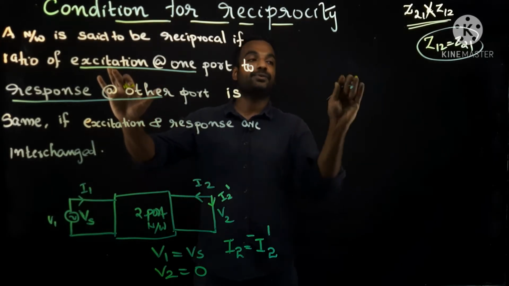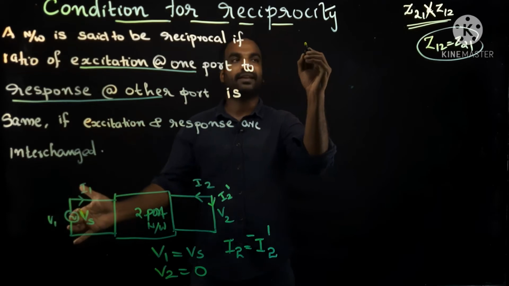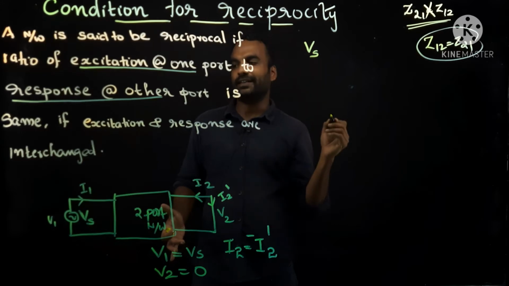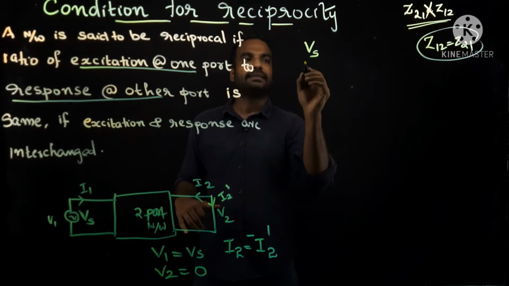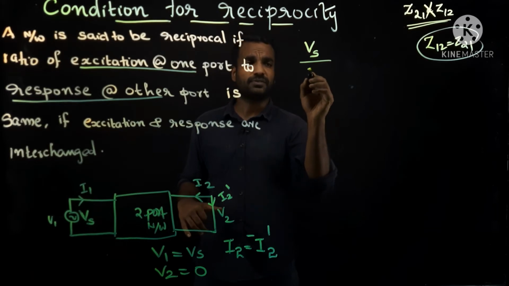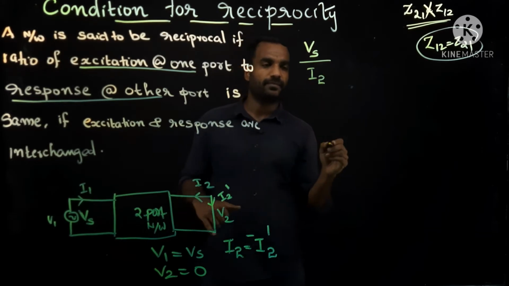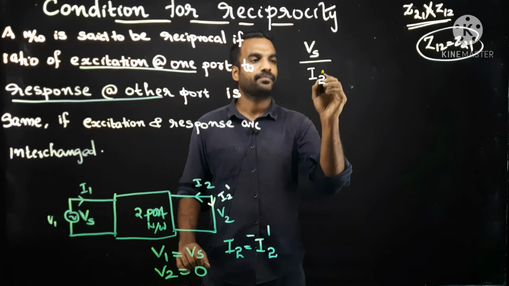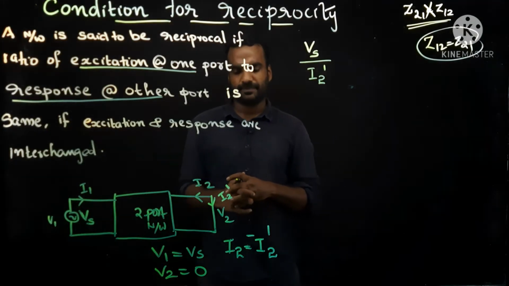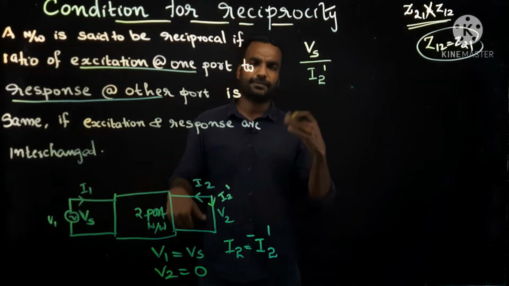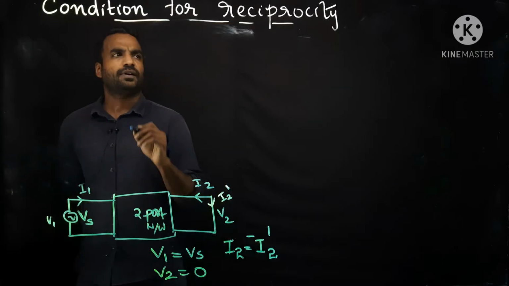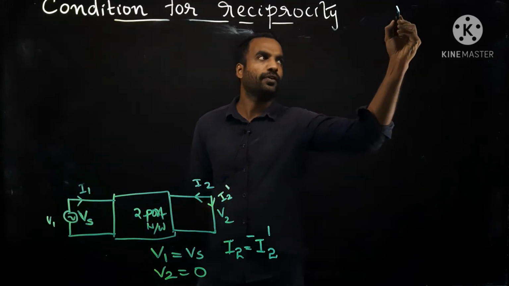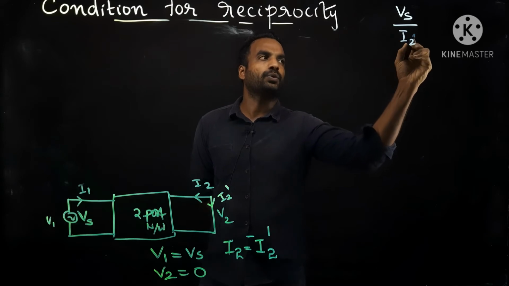So what do I want to find? I want to find the ratio of excitation at one port to response at the other port. What is excitation? It is Vs. What is response? It is I2 dash. So I want to find Vs by I2 dash.